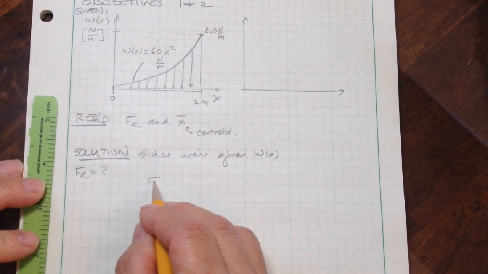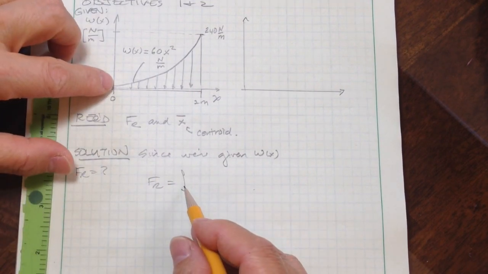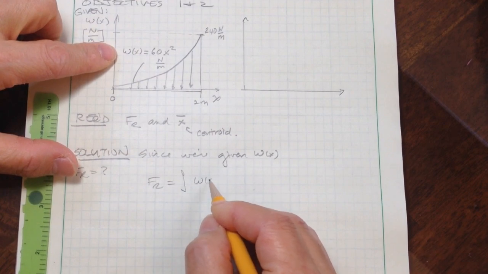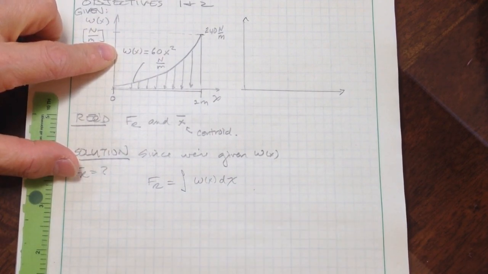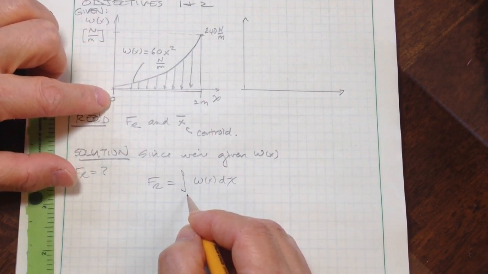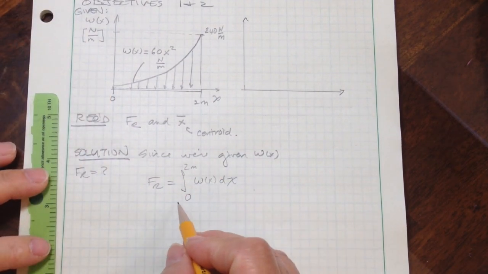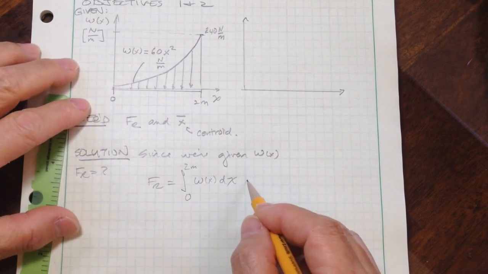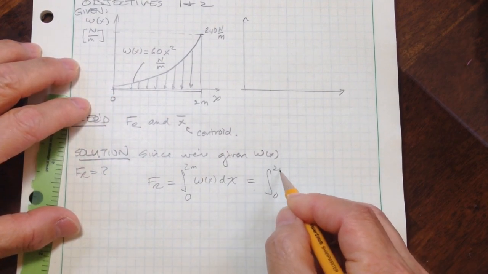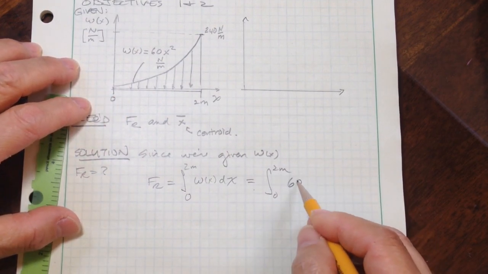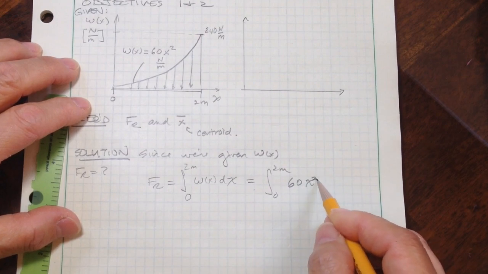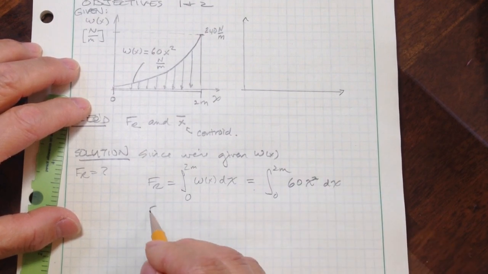So FR is the integral of this loading function with respect to x, integrated from 0 to 2 meters, which is just the area under that curve, and that would equal the integral from 0 to 2 meters of 60x squared dx.